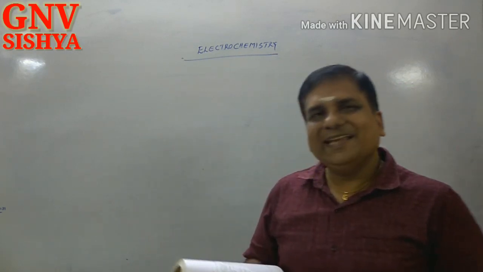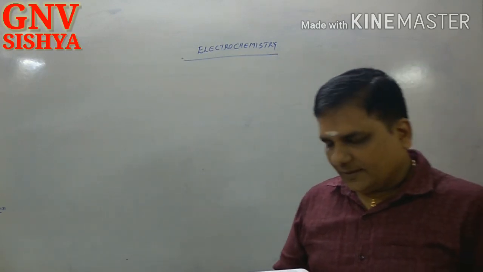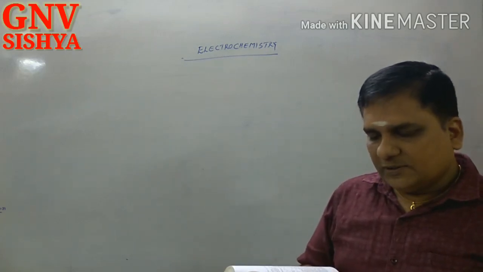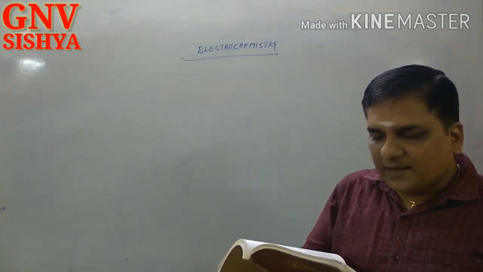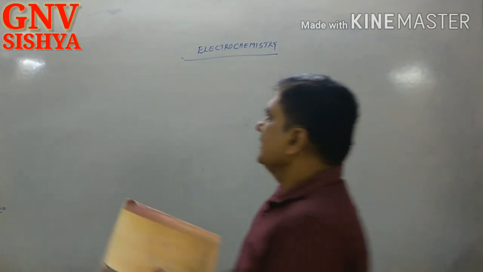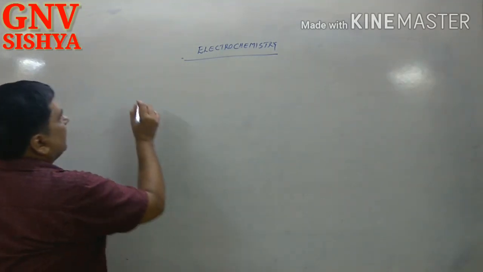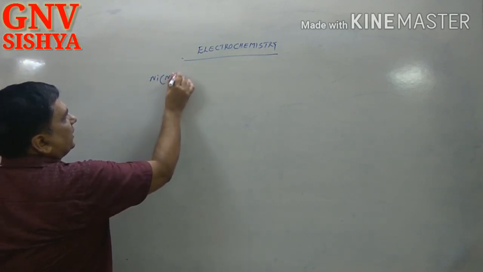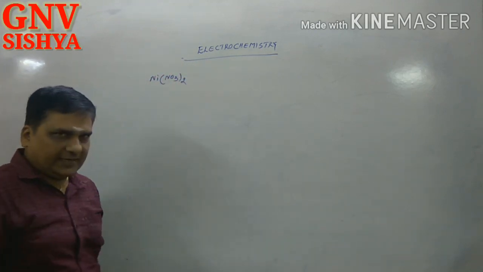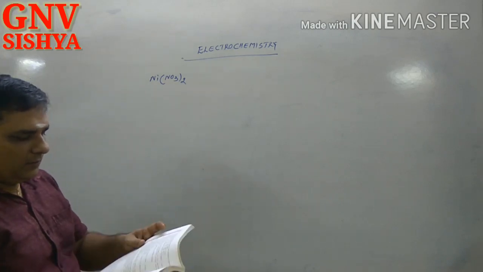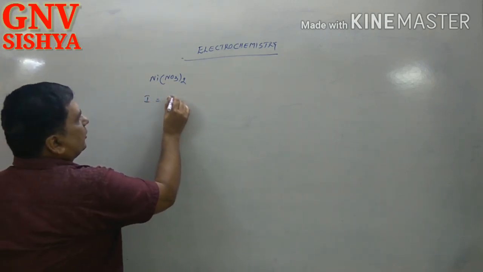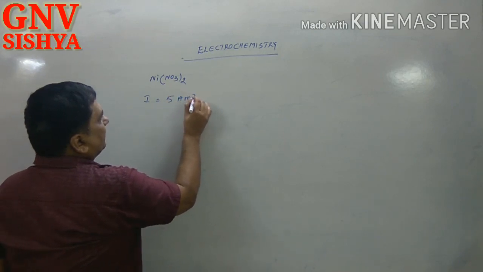A solution of nickel nitrate, Ni(NO3)2, is electrolyzed between platinum electrodes using a current of 5 ampere for 20 minutes. So I is equal to 5 ampere.